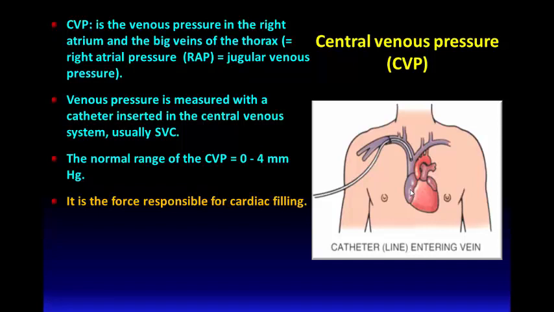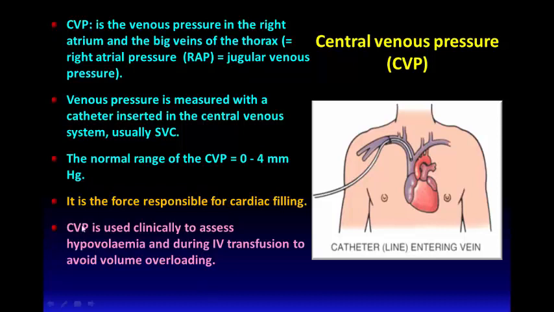We mentioned in the 2 lectures on the cardiac cycle that most of the ventricular filling during diastole is passive and depends on the pressure differential between the pressure in the atria and the pressure in the ventricles. We use central venous pressure clinically to assess hypovolemia and also during intravenous transfusion in order to avoid volume overloading.